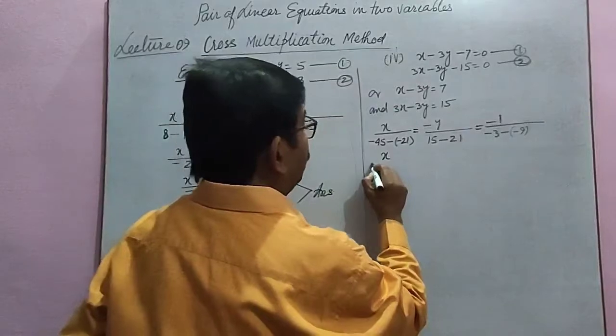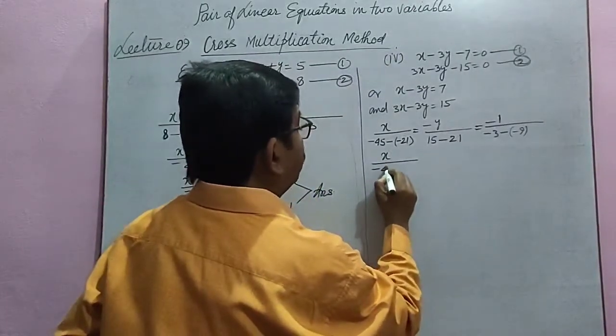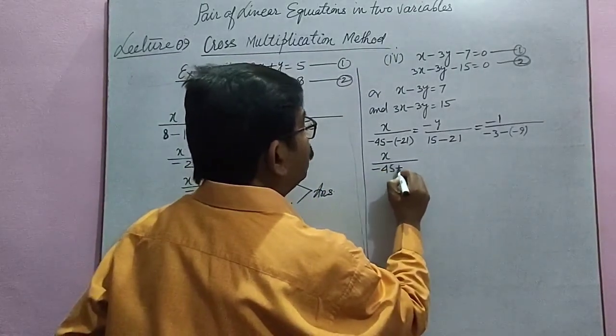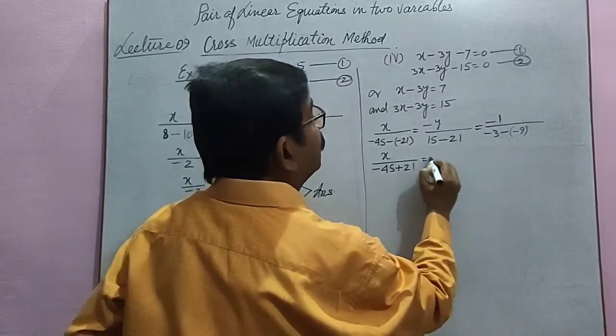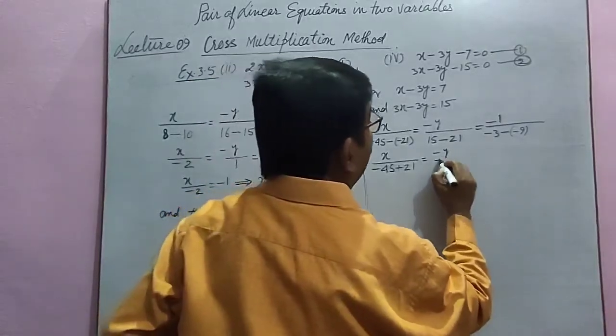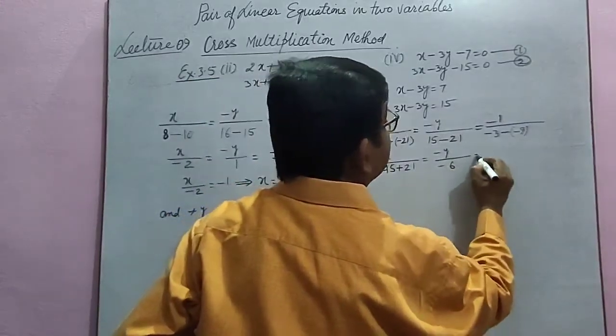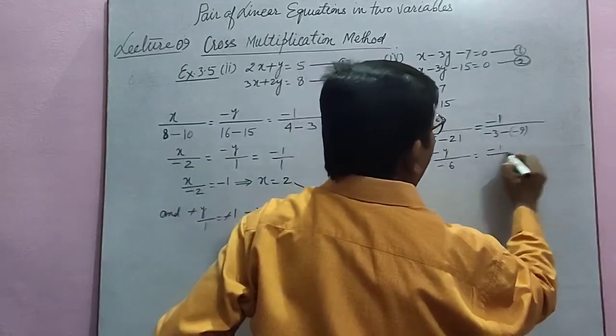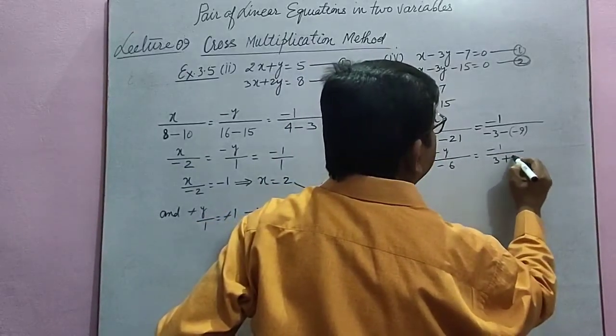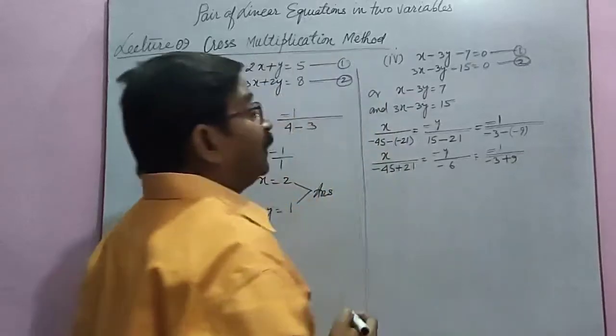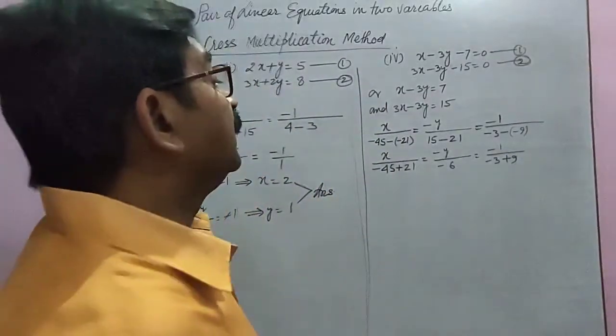simplify. x upon minus 45 plus 21 is equal to minus y upon minus 6 is equal to minus 1 upon minus 3 plus 9.